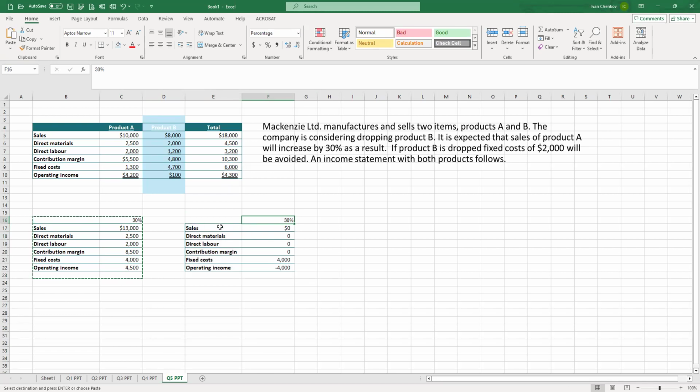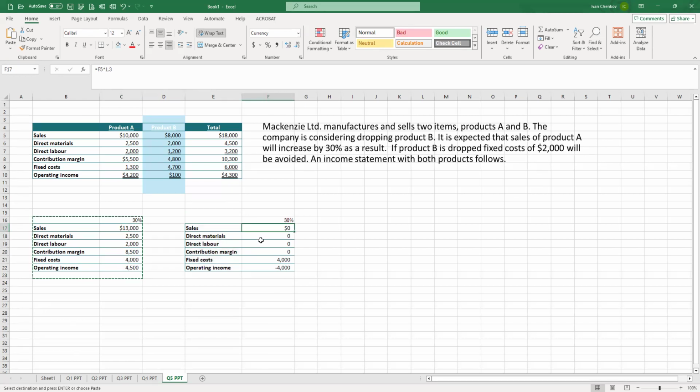If the sales increase, the variable cost also increases, correct? We cannot consider only change in the sales because it doesn't say here the selling price goes up. It says the sales goes up.